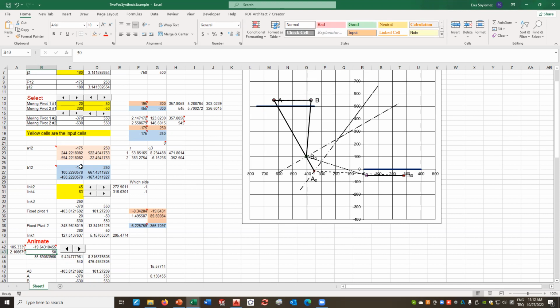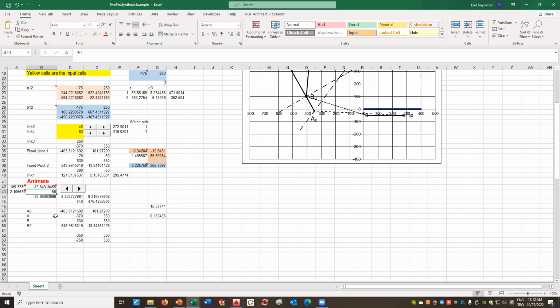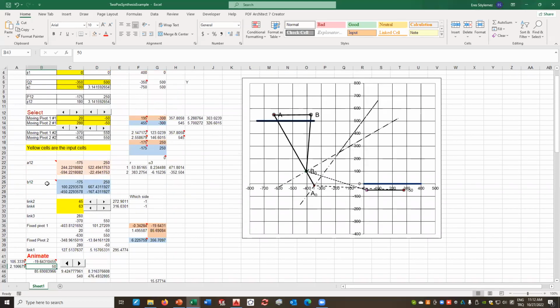But for example, in this case, A12. This time I have selected something. You see, as I said, you can select different parameters for A0. I'm not sure. Link to, no, this is correct.